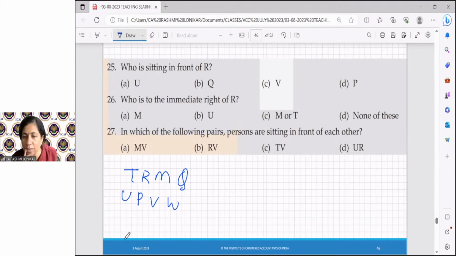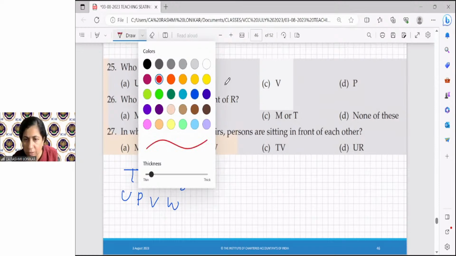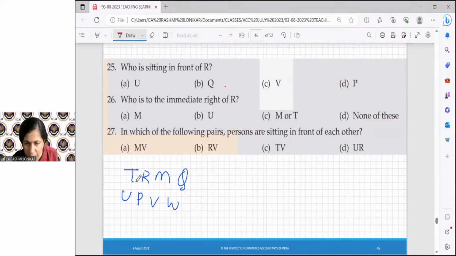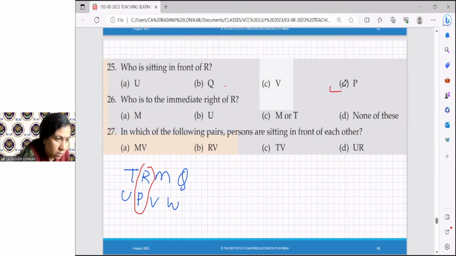Okay, who is sitting in front of R? P is sitting in front of R. 25, is D the correct answer? Yes. 26. Who is immediate right of R?